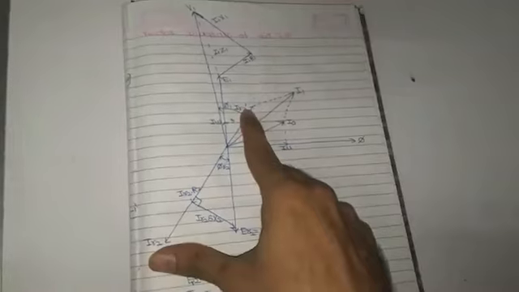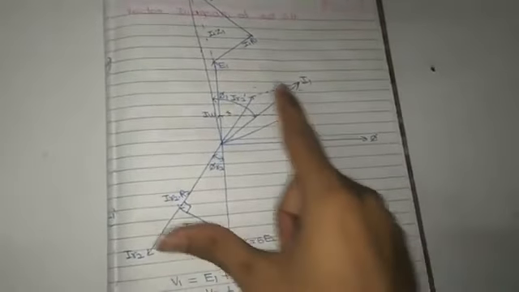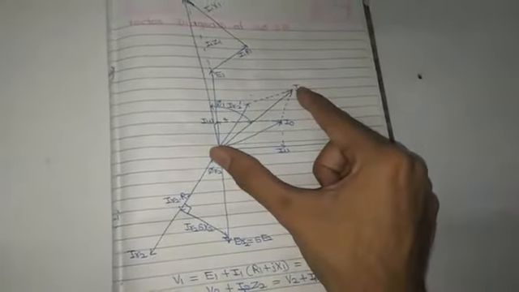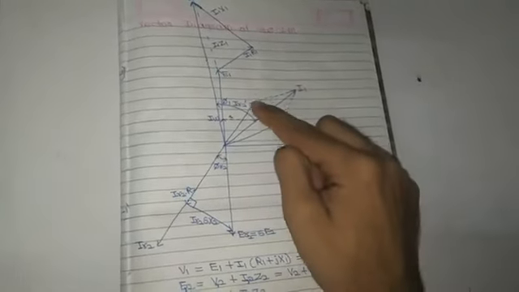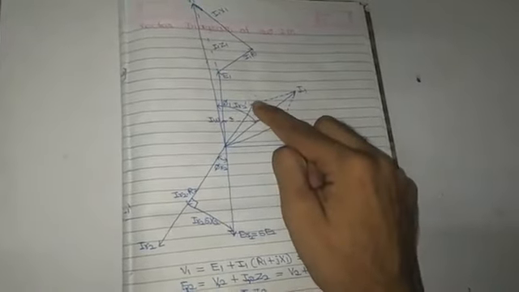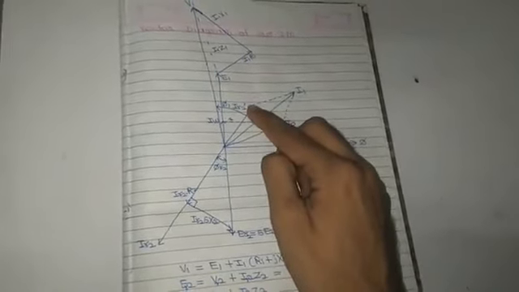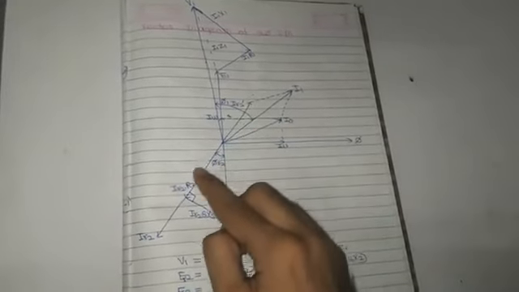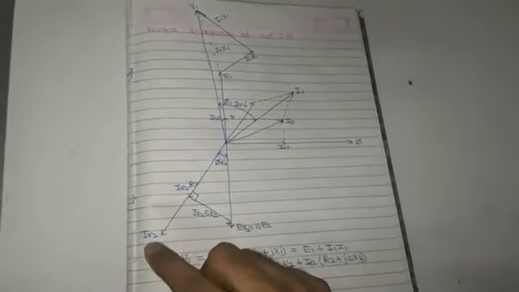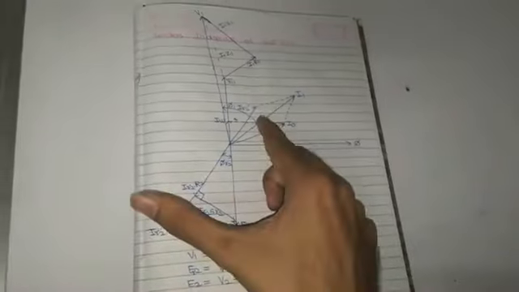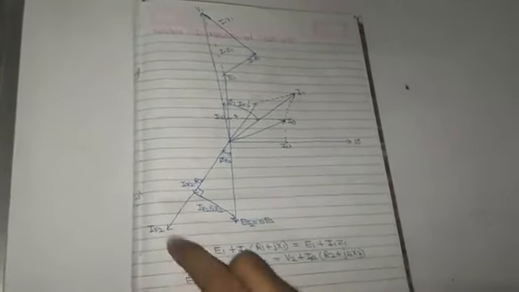By combining this IR2 dash and I0 we get the current I1 flowing in the stator winding, and exactly opposite to IR2 dash, the current IR2 starts flowing in the secondary.